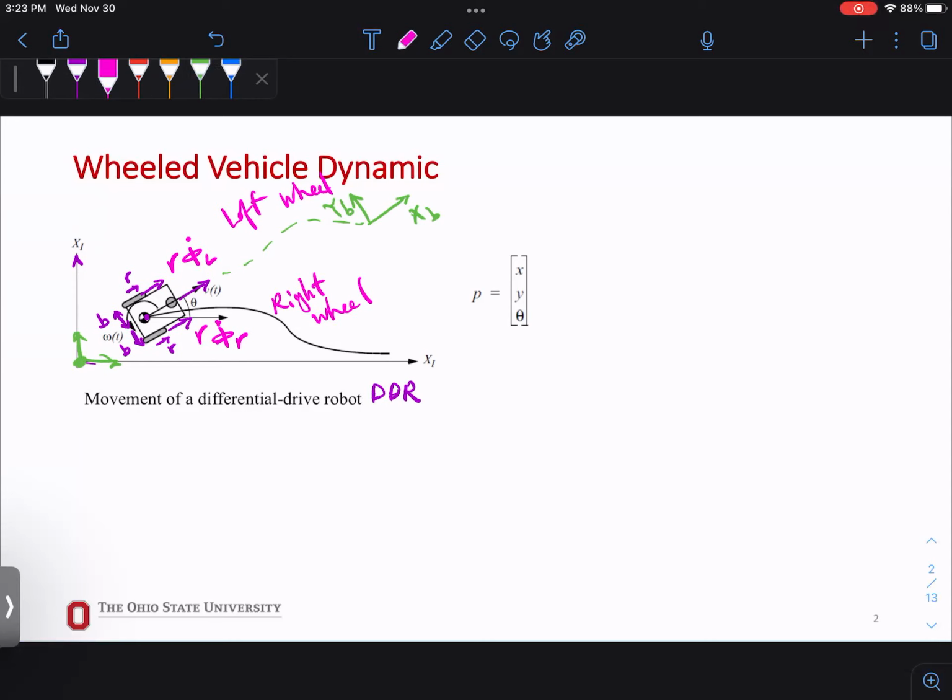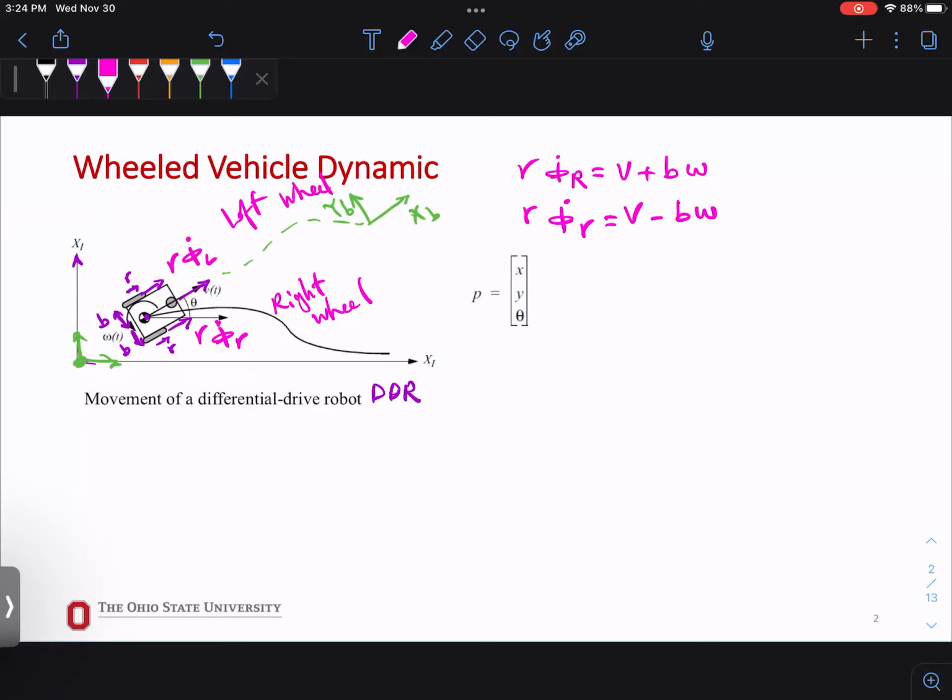We can write r phi dot R is going to be our linear velocity, the car is going, plus some b times omega. b is the distance from the center of the mass, and omega is the angular velocity of your wheel. And basically the velocity of the wheel on the left side is going to be v minus b omega. If I'm turning, one is going to be deducted, one is going to be added, right?